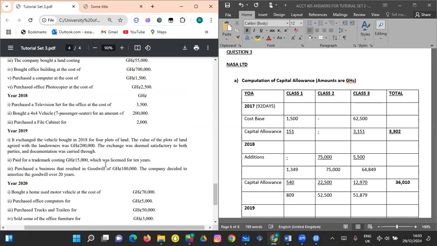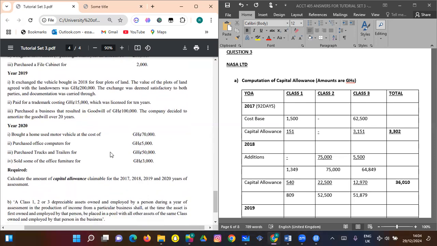So that's 200,000, and then paid for a trademark costing 15,000, which was licensed for 10 years. Purchased a business that resulted in goodwill of 100,000. The company decided to amortize the goodwill over 20 years. Goodwill would not even be part of our calculation, so it is not really needed.